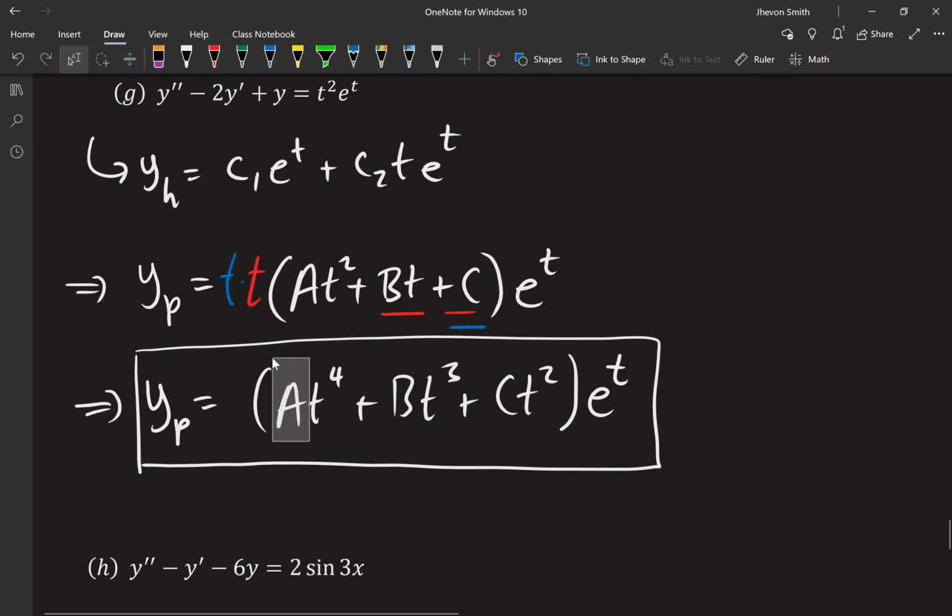And yes, the A, B, and C are generic constants. It doesn't actually matter how you write the letters. Like I could write C t fourth plus A t cubed plus B t squared. It's not going to matter. I'm going to solve for these numbers at the end anyway. They're arbitrary constants.